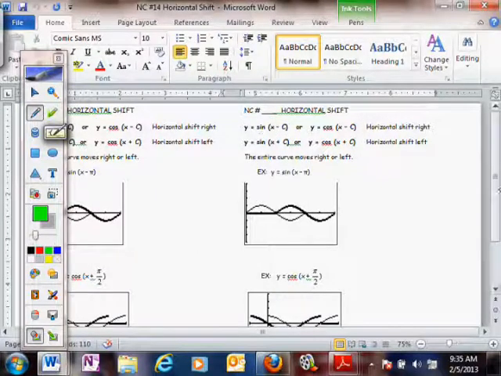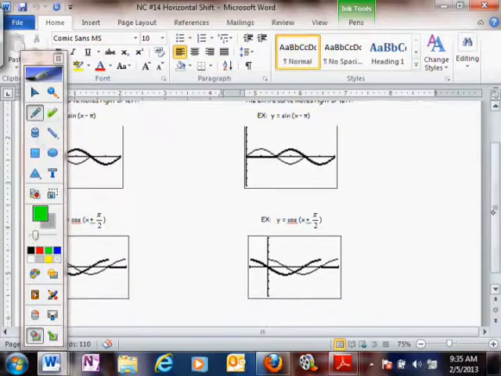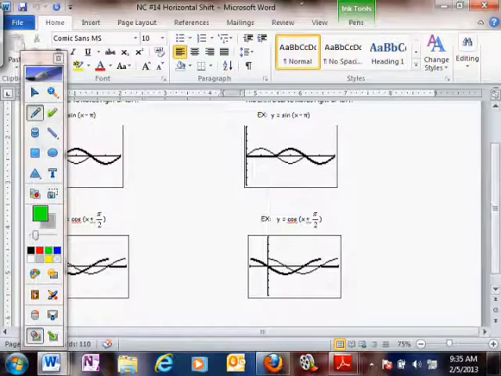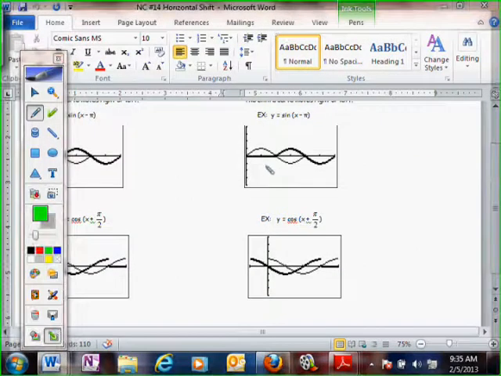So if I look at these two examples that I have, I have here y equals sine, in parentheses, x minus pi. This means I have a horizontal shift right pi units.